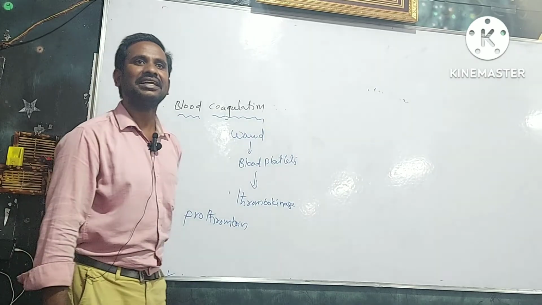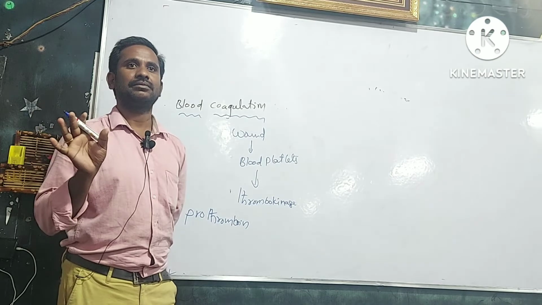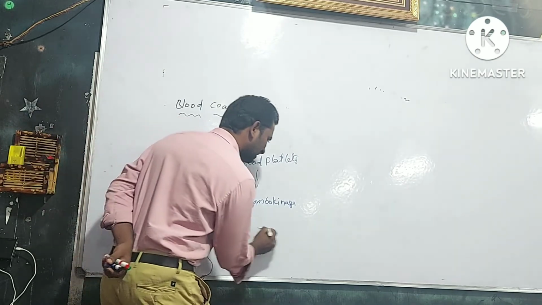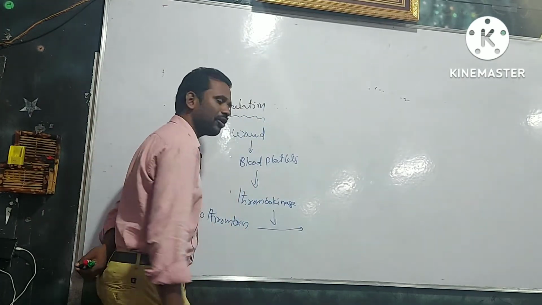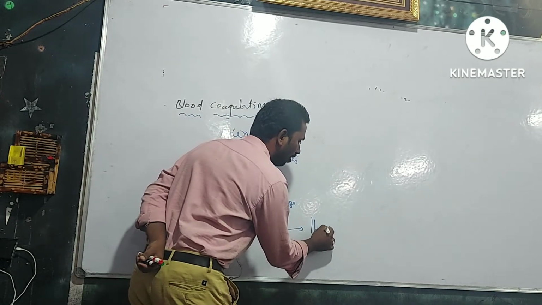Prothrombin is an inactive enzyme present in our blood. It is activated by thrombokinase into thrombin.